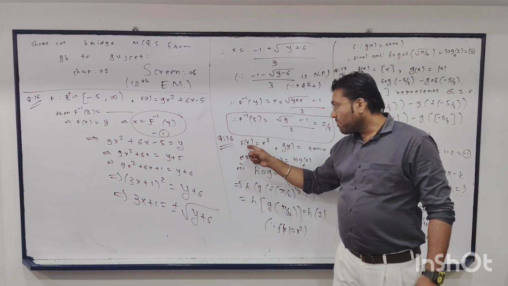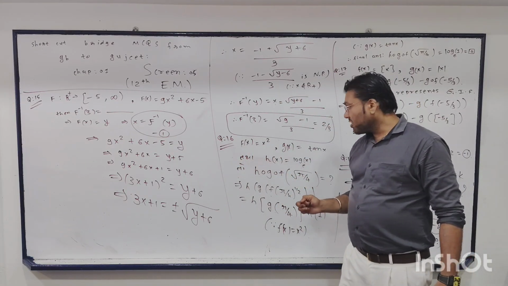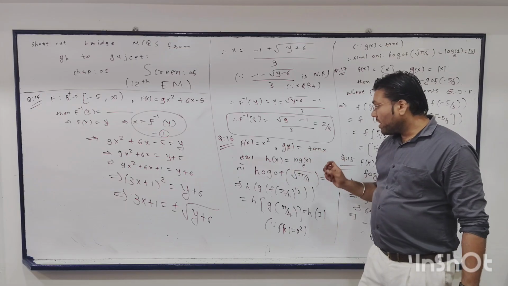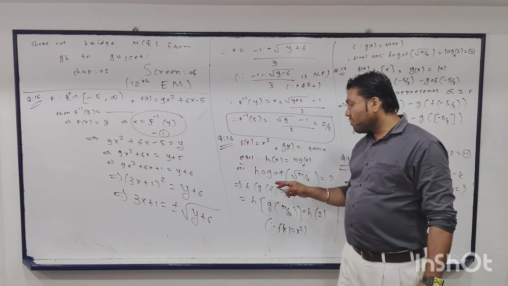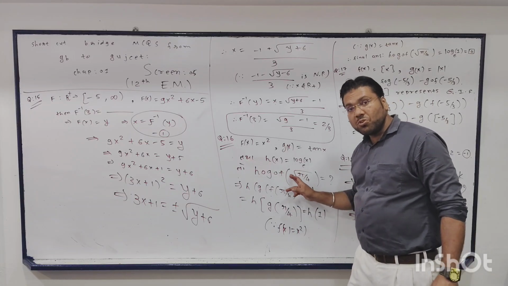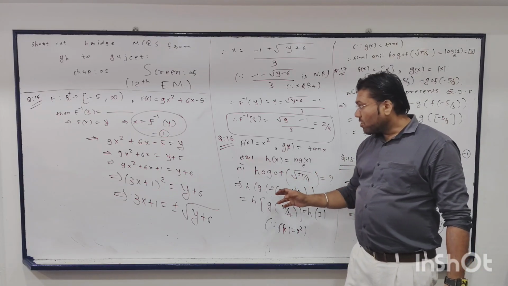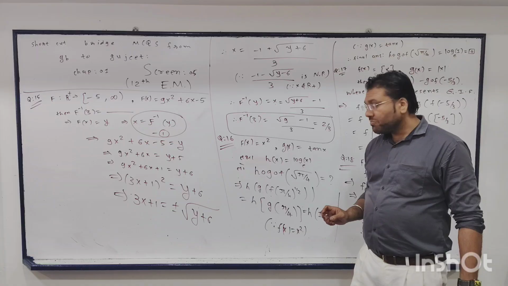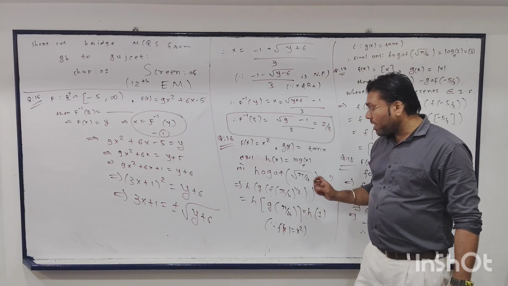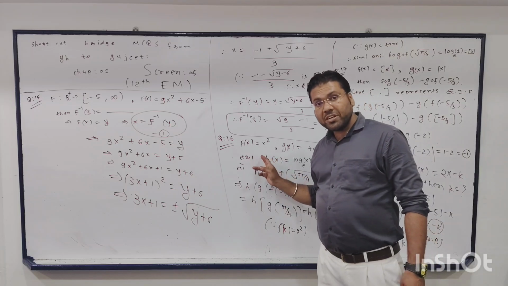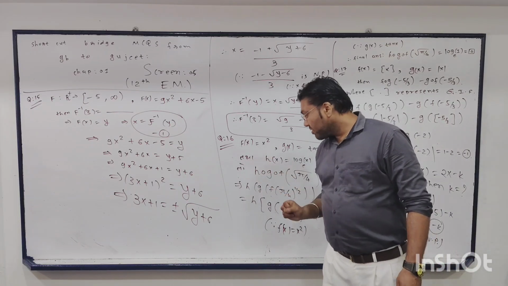Now, friends, question number 16. f of x equal to x square, g of x equal to 10 to the power x, h of x equal to log x. What will be the answer of h o g o f of root of pi by 4? Because this is a composite function, say h of g of f of square root pi by 4. Now we know that f of x equal to x square.